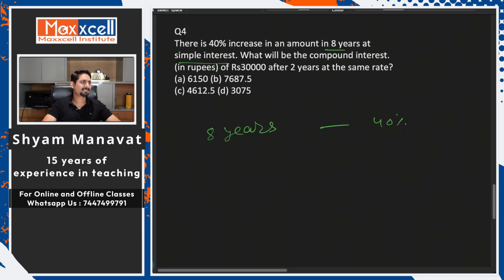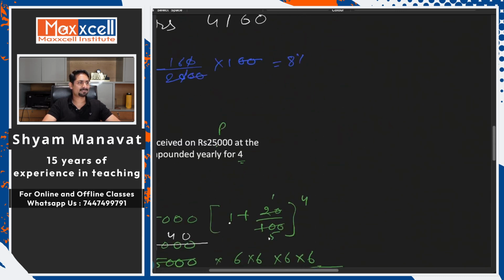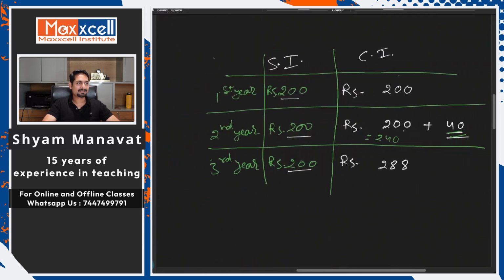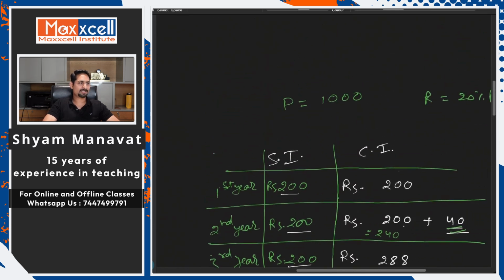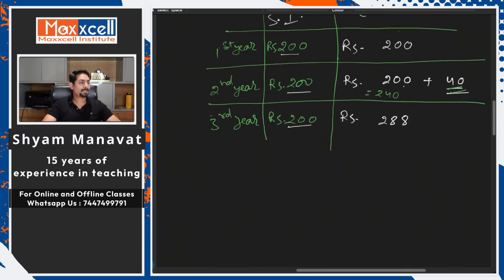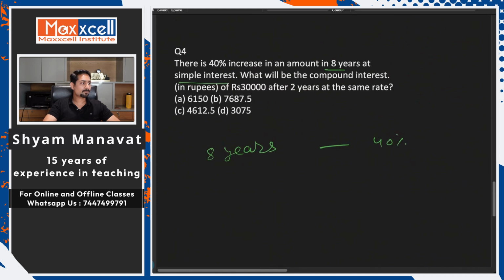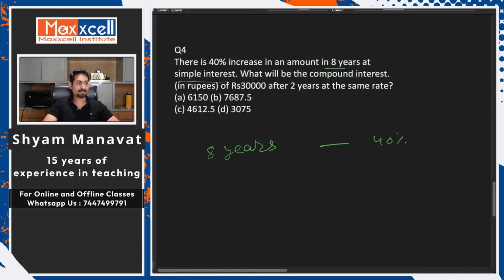Again, reference of the table, see, the value is equal. Every time it's all the same, 20% on 1000, 20% on 1000, equal. So if in 8 years it is increasing by 40%, then in 1 year it should increase by 5%. 8 5s are 40.